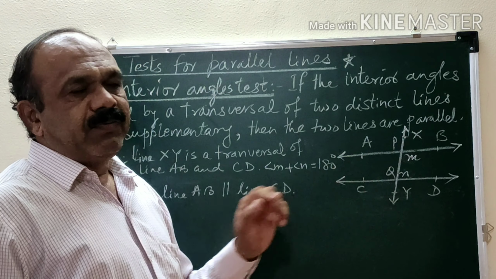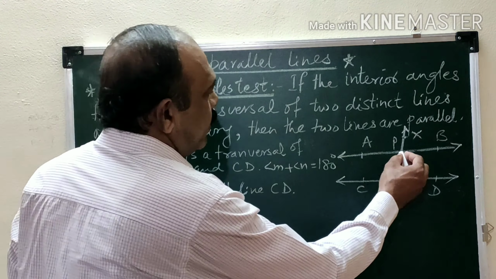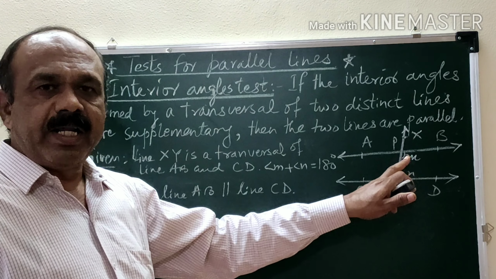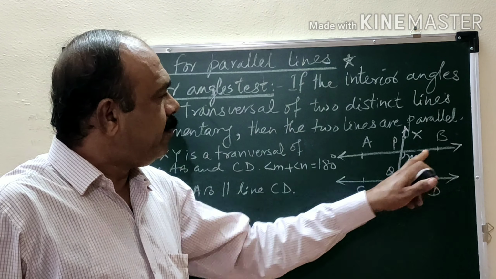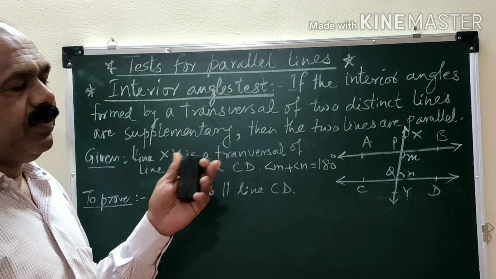XY is a transversal, and angle M and angle N are interior angles. If these interior angles are supplementary, that is their sum is 180 degrees, then lines AB and CD are parallel. This is the theorem.